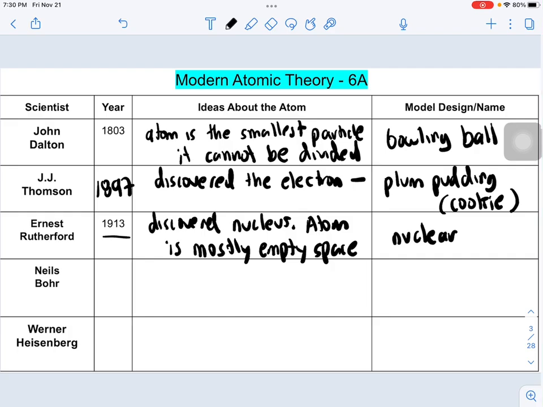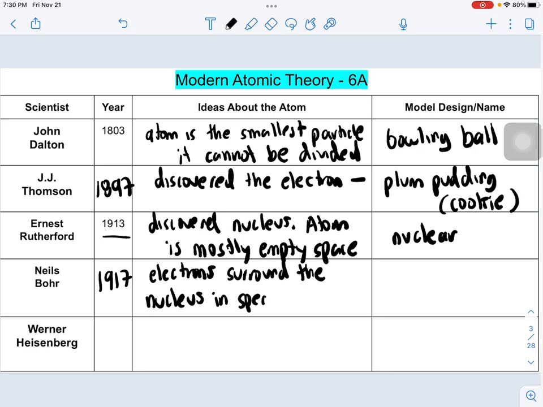Pretty simple. Now we go to Niels Bohr, and we're going to say that his year was 1917. And Niels Bohr said that electrons surround the nucleus in specific energy levels.